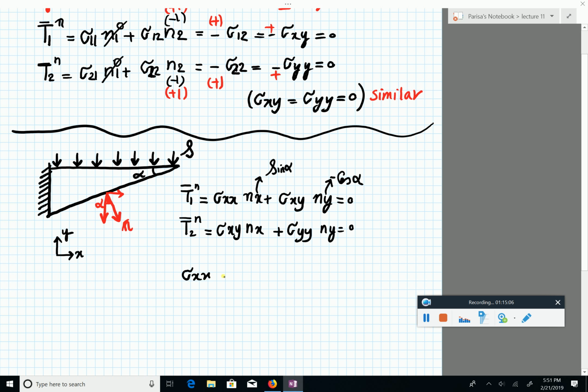So the boundary conditions look something like that, with the x and y that I have selected.